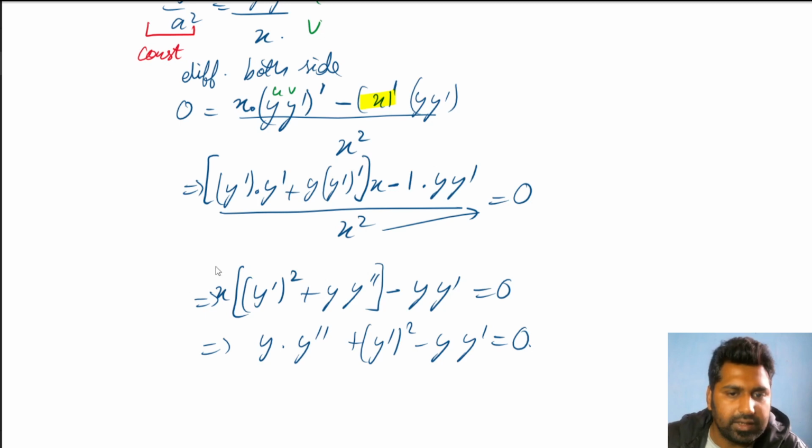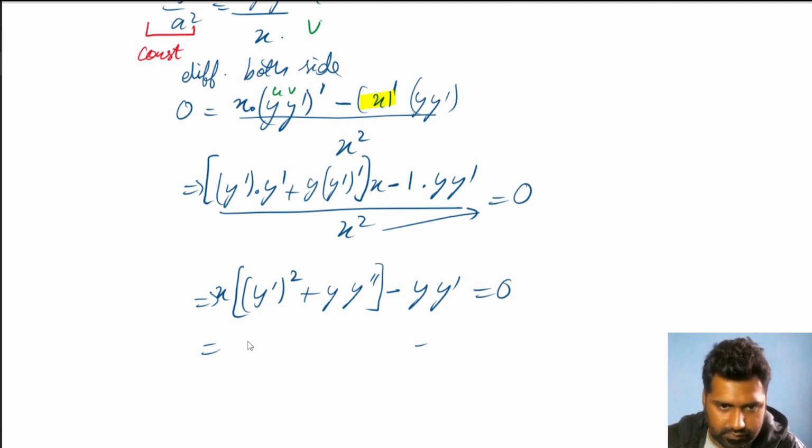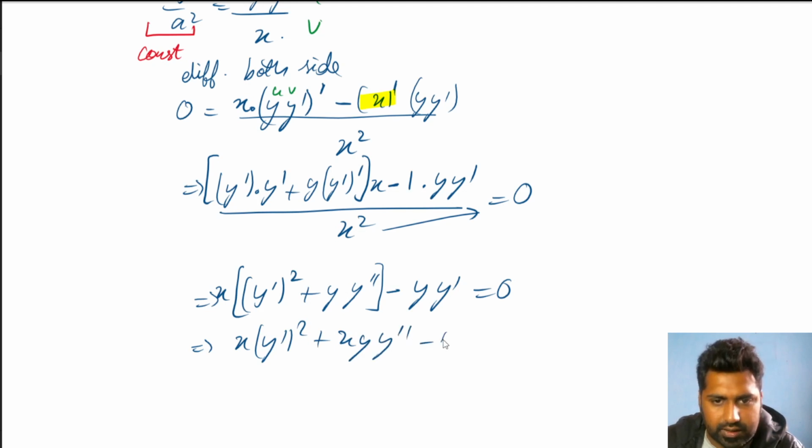So I'll have to multiply now. First we'll multiply and then we'll see. So the equation is now x y dash whole square plus x y y dash minus y dash is equal to 0. And if I write this in order, double derivative first.